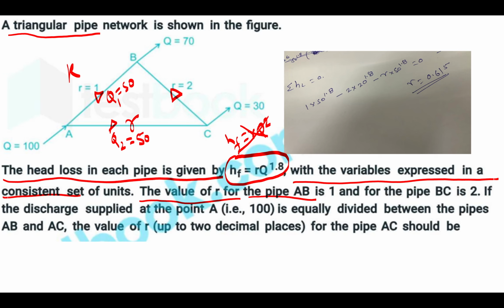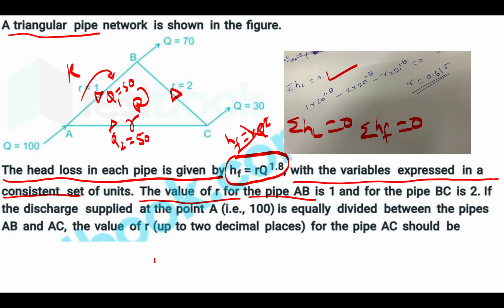So what we will do? You know one thing, in a closed circuit your head loss will be 0. Summation of HL will be 0, or HF here it is written, you can write also. So how you will write? Let us suppose clockwise we are going to take as positive.